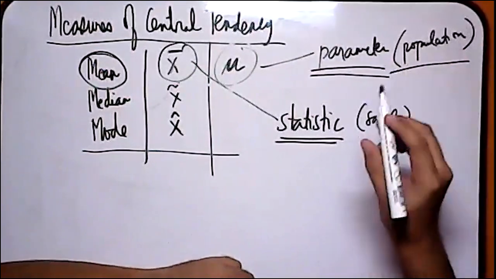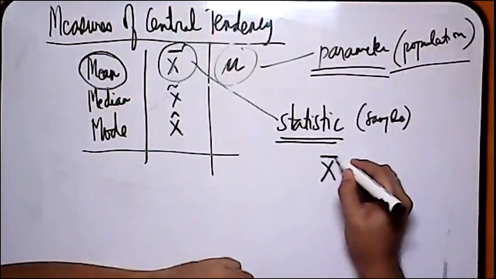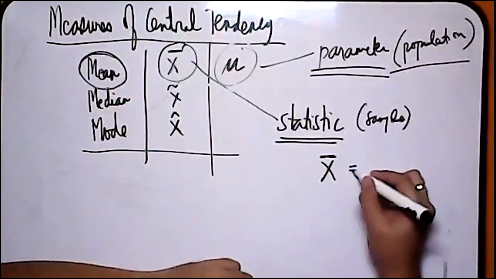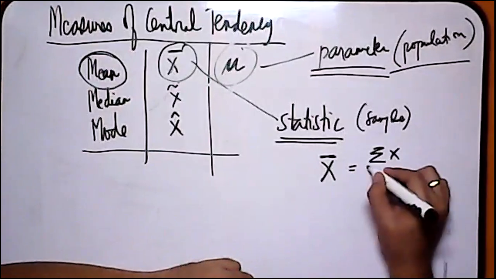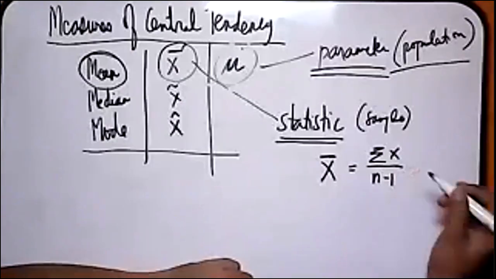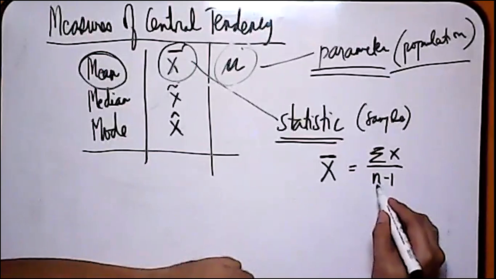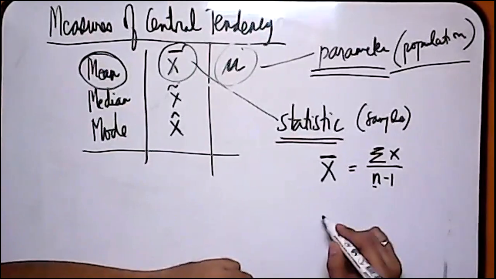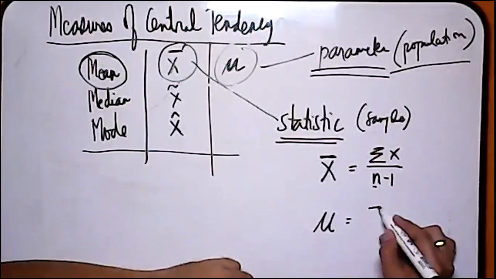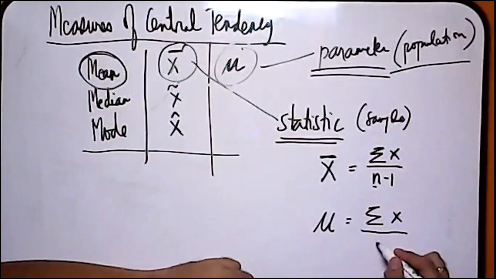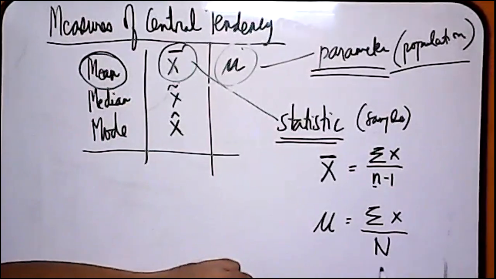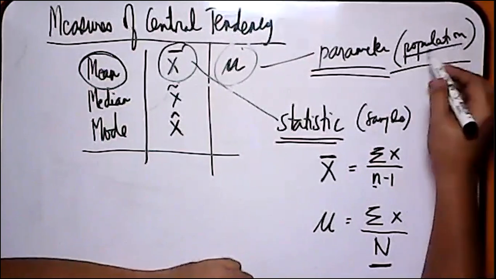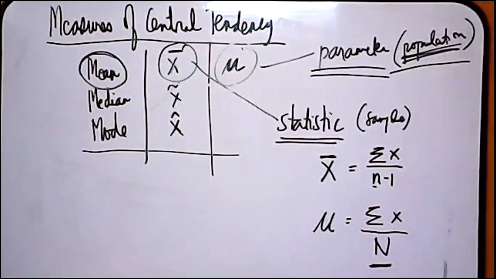That is why, if we compute for the mean of a sample, our formula is summation of our values over n minus 1, right? This refers to our size minus 1. But for a mean, the formula will be summation of x over big letter N. And this represents a population.